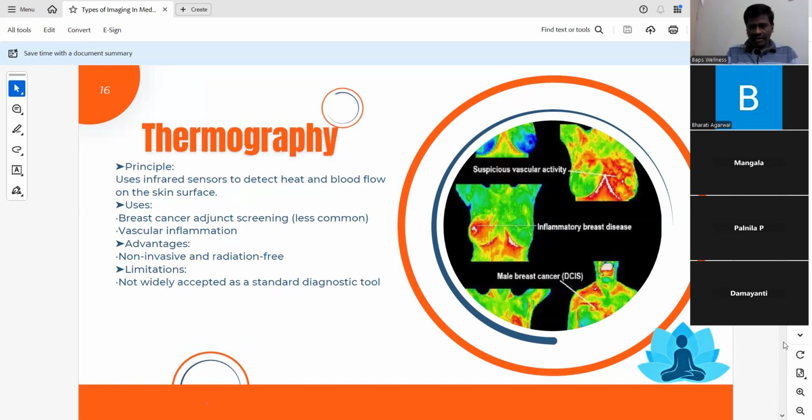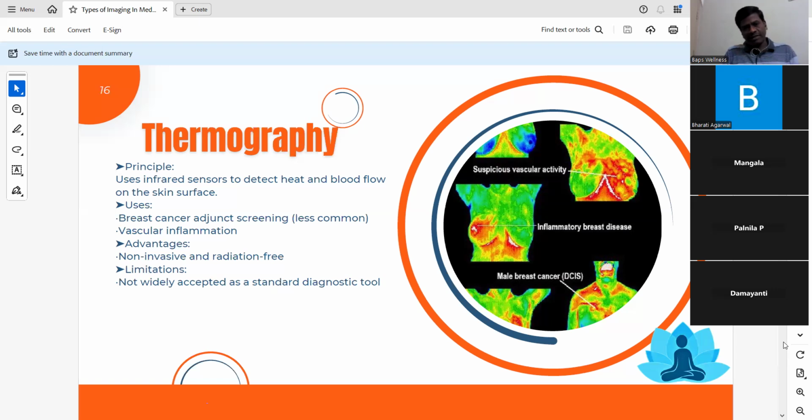Thermography is another less heard one, but commonly used in screening breast cancer and all, and also for any vascular inflammation, where infrared sensors are used to detect the heat in the body.